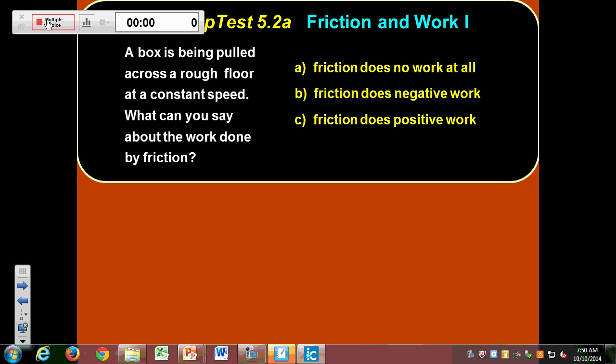A box is being pulled across a rough floor at a constant speed. What can you say about the work done by friction? A few more seconds.